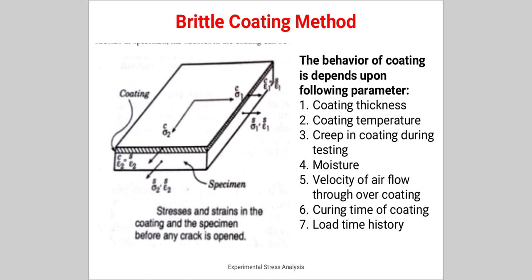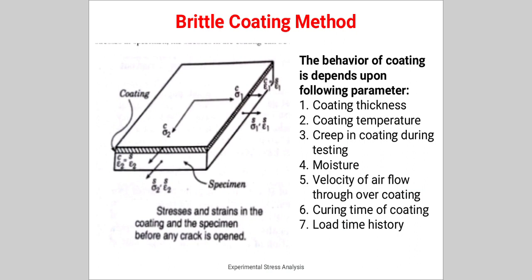The remaining two methods, the photoelasticity and strain gauge techniques, are called quantitative methods, because the final result is obtained in the form of quantity, that is sigma 1 is equal to 25 newton per mm square, sigma 2 is equal to 50 newton per mm square. But such results are not obtained in the brittle coating method. Therefore this method is called a qualitative method, meaning by observing the nature of the crack patterns we have to decide whether the stress in that particular component is low, medium, or high.